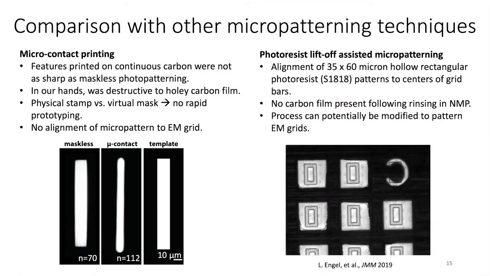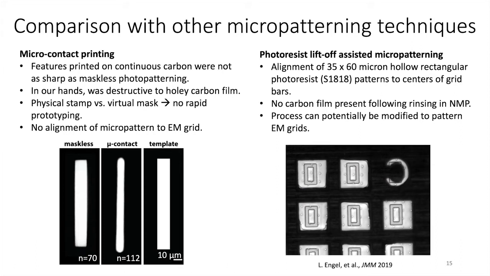Before settling on maskless photopatterning, we explored other micropatterning techniques for EM grids, such as microcontact printing and photoresist liftoff assisted micropatterning. One advantage of microcontact printing is that it's widely available and a low-cost technique. You literally stamp protein onto the surface of your choice.